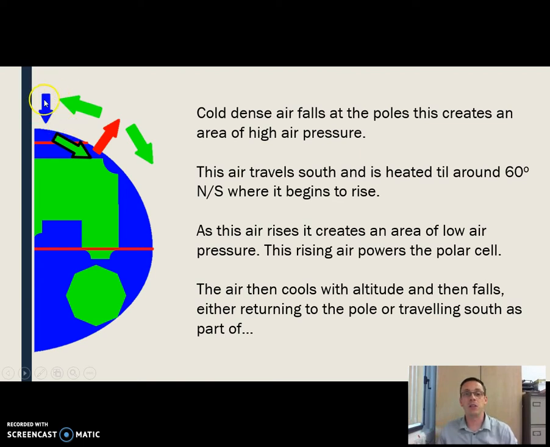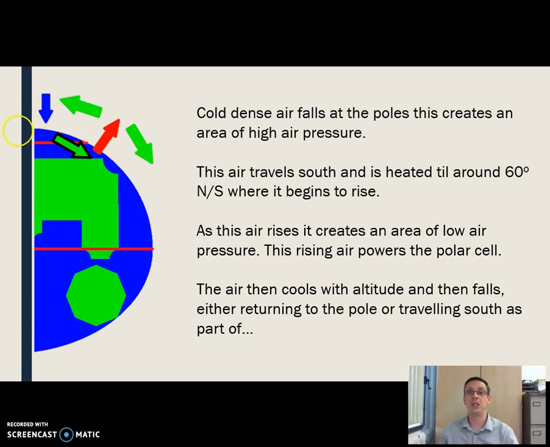At the pole, it is cold. So we've got cold, dense air that falls at the poles, and this creates an area of high air pressure here. Again, this hits the Earth's surface, and it gets deflected, and it moves south. It gets to around 60 degrees, and at that point, it's starting to get an increase in temperature.